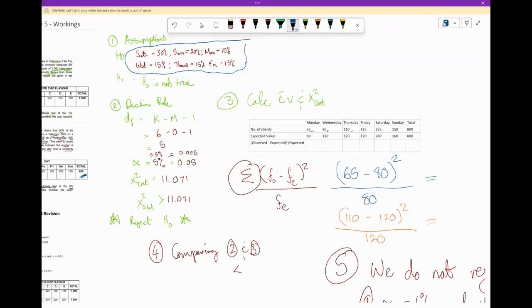What do we get? First one is 2.8125. Second one is 0.083.